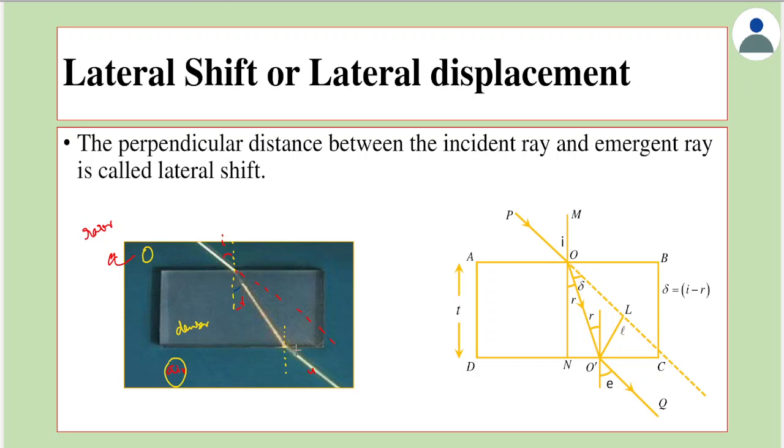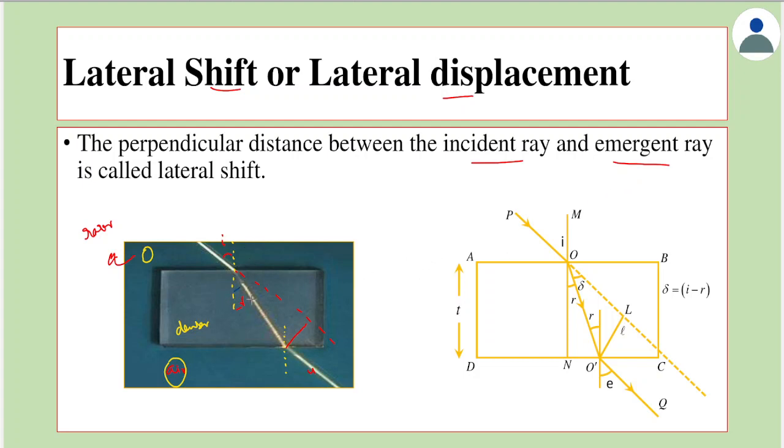So this light ray is shifted by an amount, and this shift is called lateral shift or lateral displacement. It basically means the sideways shift. To define this, we can say it is the perpendicular distance between the incident ray and emergent ray.